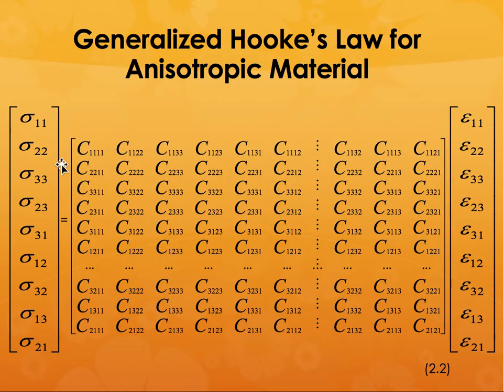So you can represent this in matrix form. Sigma on one side, you have a matrix C with the different individual components, multiplied by a matrix consisting of the 9 strain values. And this is the generalized Hooke's law for an anisotropic material.